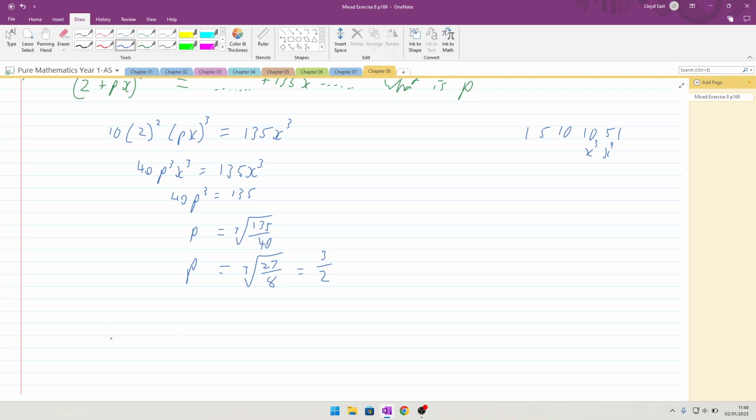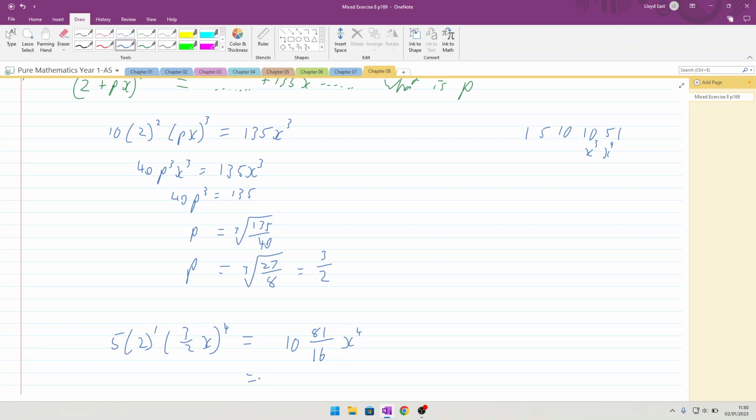So we are going to have 5 times 2 to the power 1, because it drops a power, times 3 over 2 for the p value to the power 4 is going to be 5 times 2 is 10, times 3 to the power 4 is 81 over 2 to the power 4, 16, x to the power 4.